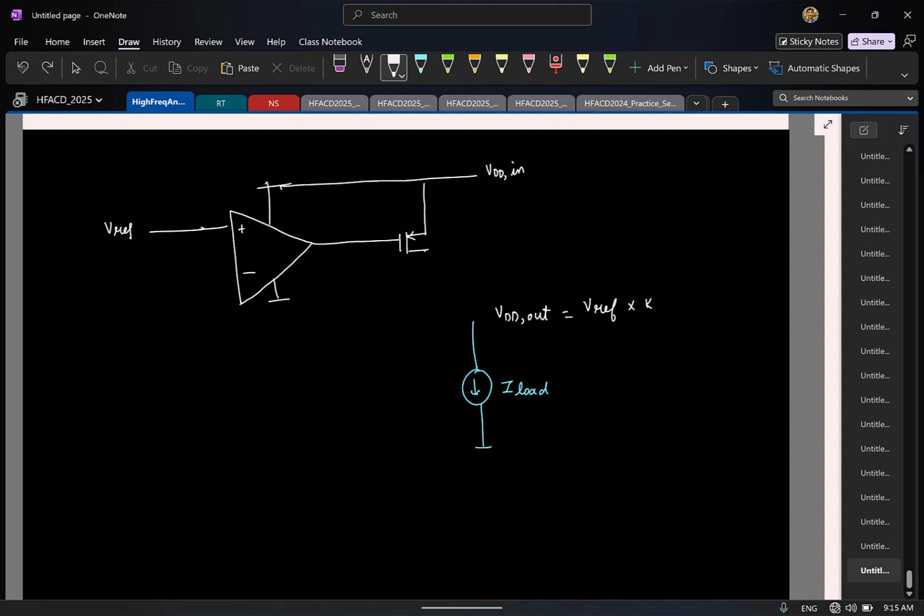So let us say I have a resistive divider like this. Same thing, instead of connecting the output directly, now I am feeding a fraction of the output, and the feedback factor should be 1 by K. So this should be K minus 1 times some R1. This should be R1.